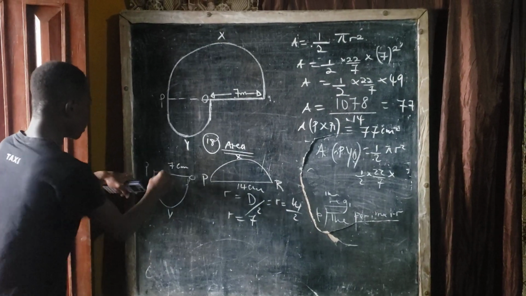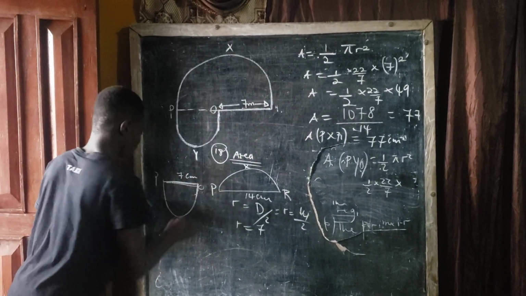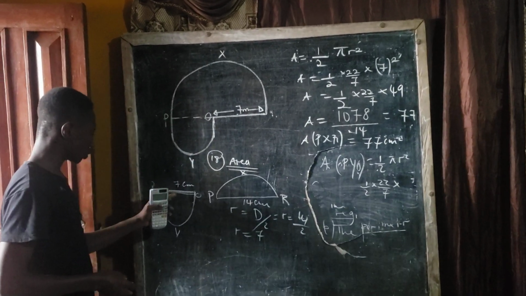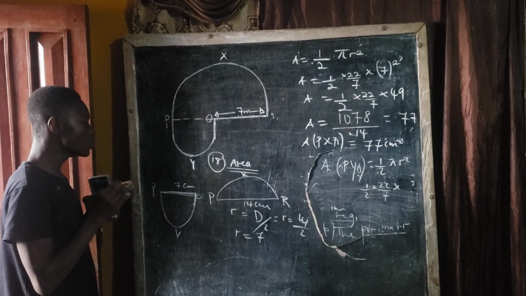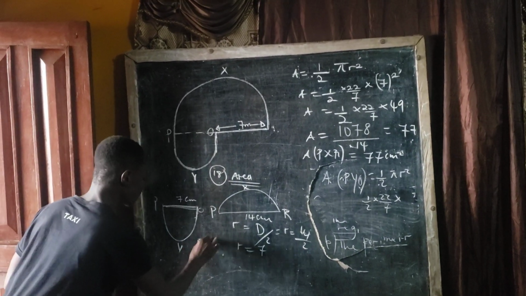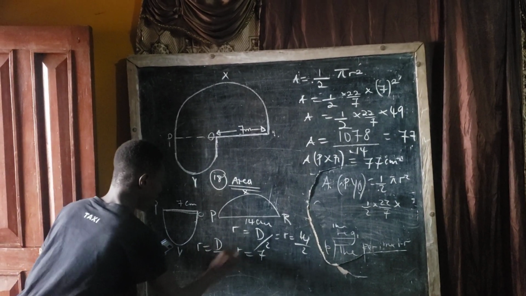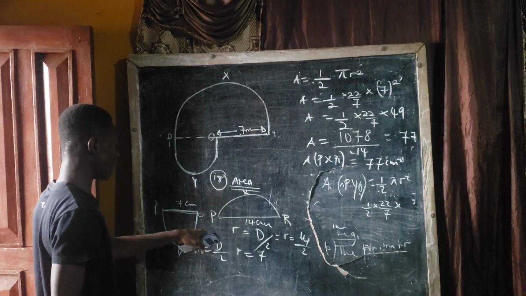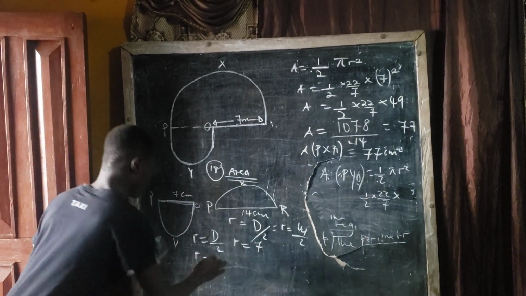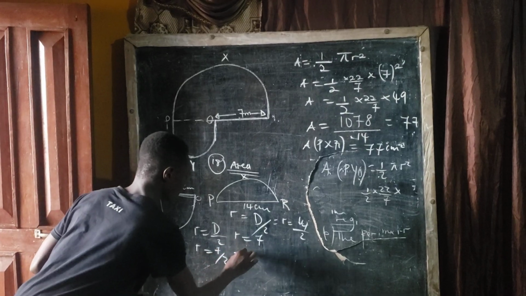Mind you, here we are only given the diameter, so we need to find the radius. To find the radius, we divide the diameter by 2. So r is equal to d divided by 2, where d is the diameter and r is the radius. The diameter is 7, divided by 2.